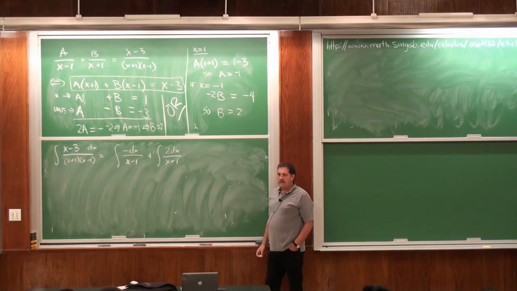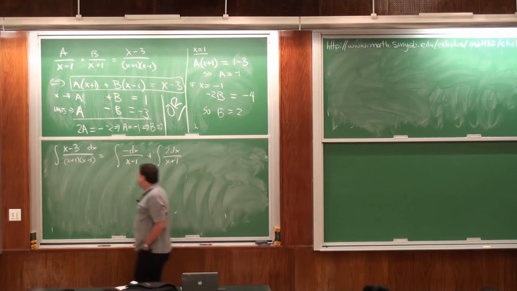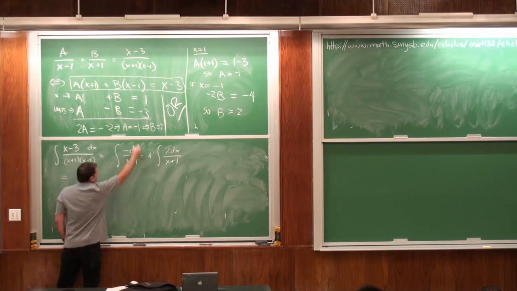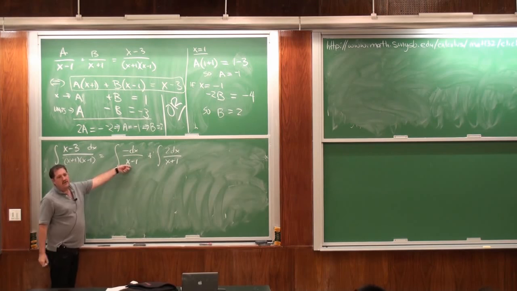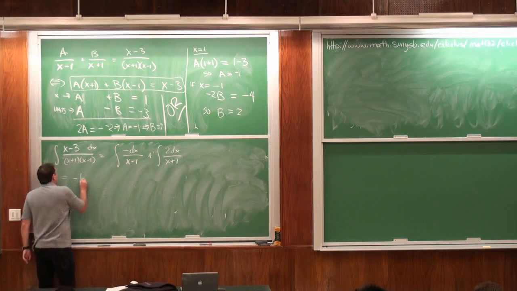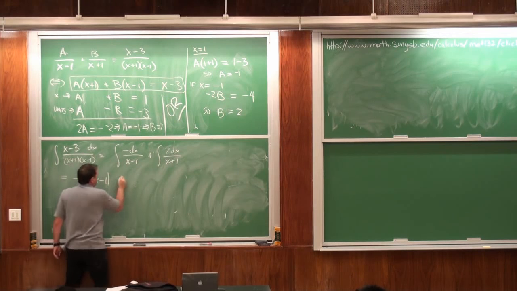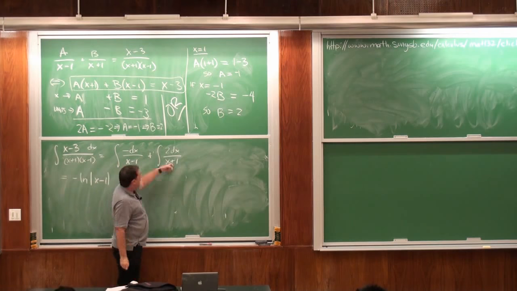And this is really easy. Right? If I make the substitution u equals x minus 1, then I get 1 over u. So this is minus the log of x minus 1. And here I make the substitution u equals x plus 1, so I get 1 over u.